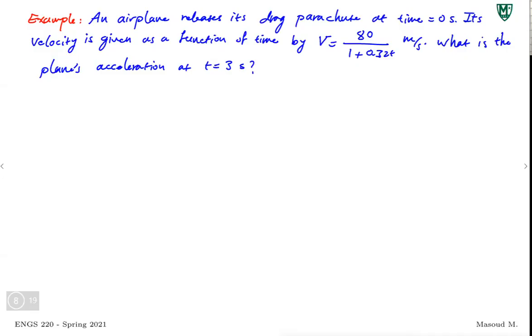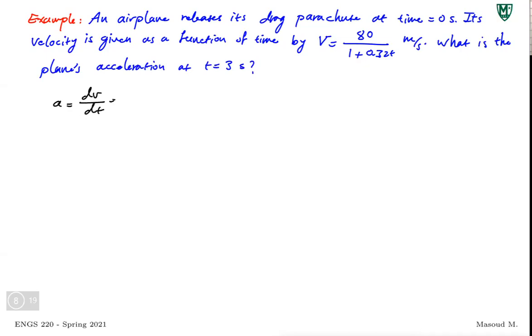Well, this is a very simple example. We know velocity as a function of time. We basically just have to use the definition of acceleration, the derivative of velocity with respect to time. That's all we need to do: dv/dt.